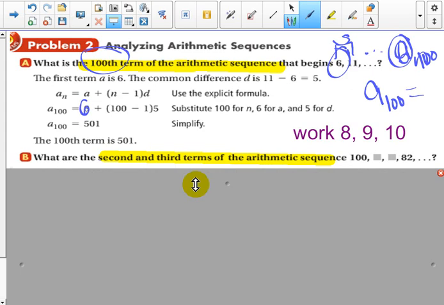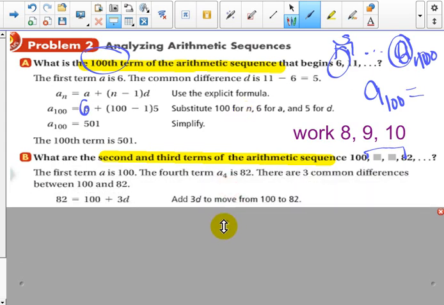What are the second and third terms of the arithmetic sequence? They give us 100, blank, blank, 82. Well, we know it's a constant difference. So we've got a term plus two differences to get to 82. Let's plug it into a formula.